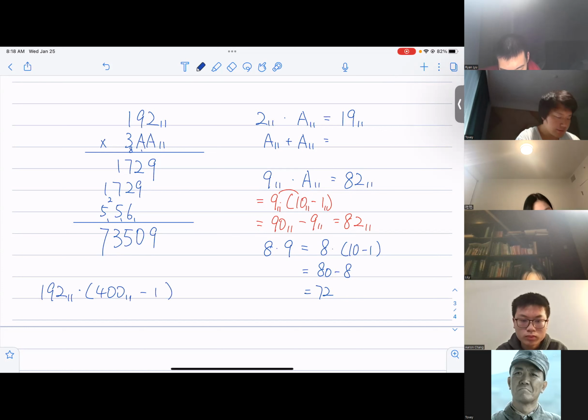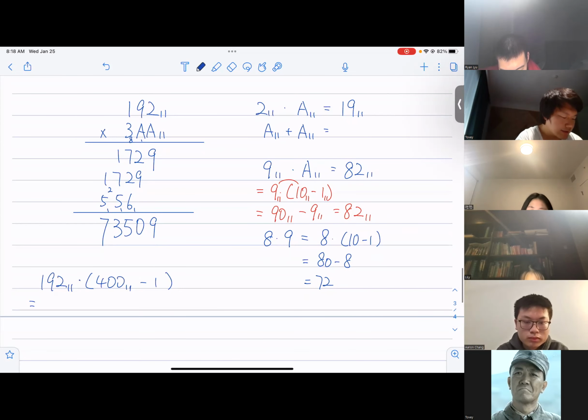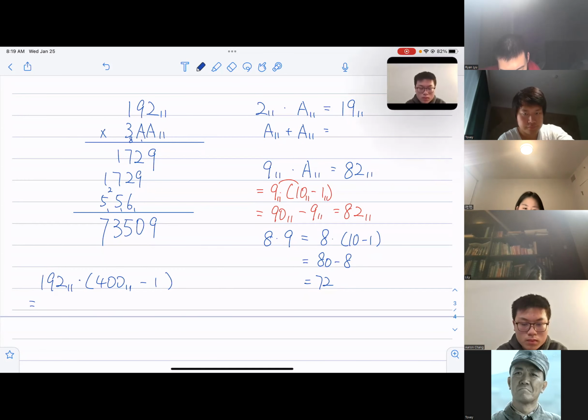You can also do this, and you can do it very easily with just mental calculation, because this way you only need to times the 4, right? So that's 0, 0, and then you times the 4 and so on. And in the end, you minus 192.